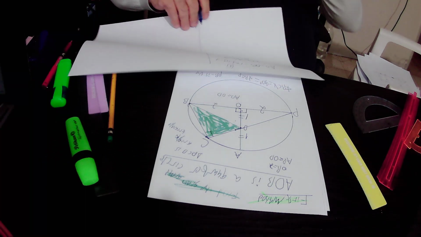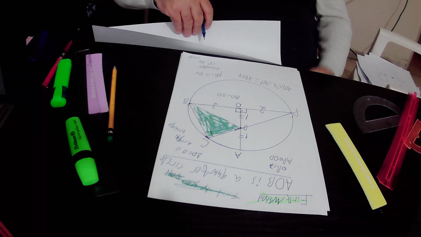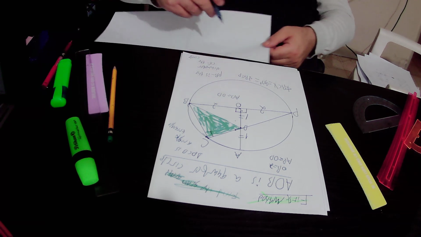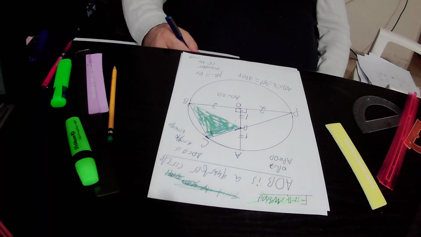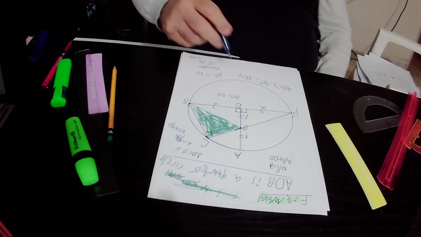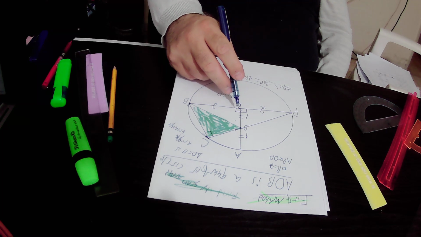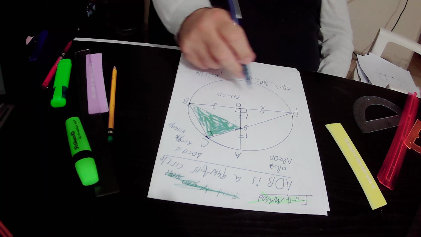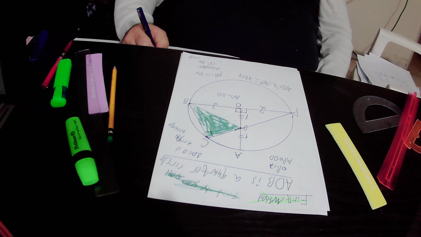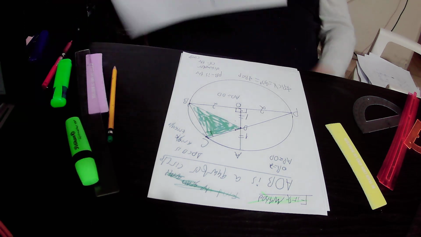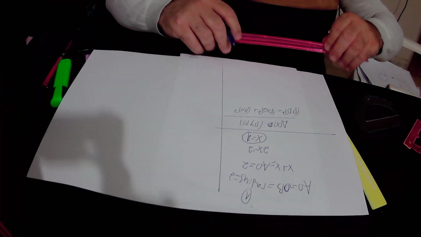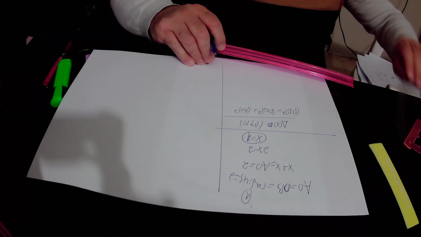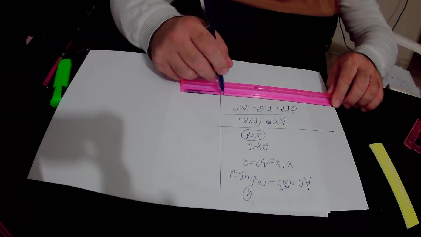Here the square of the hypotenuse equals the sum of the squares of the perpendiculars. The hypotenuse is PD, therefore the square of the hypotenuse is PD squared, and it is equal to DO squared plus PO squared. Okay, I repeat again, in the right triangle POD, PD squared equals DO squared plus PO squared.